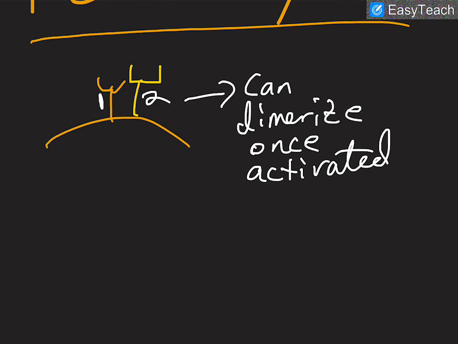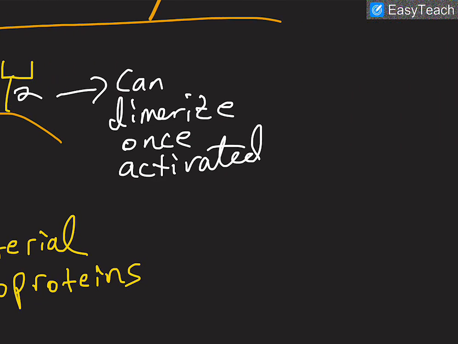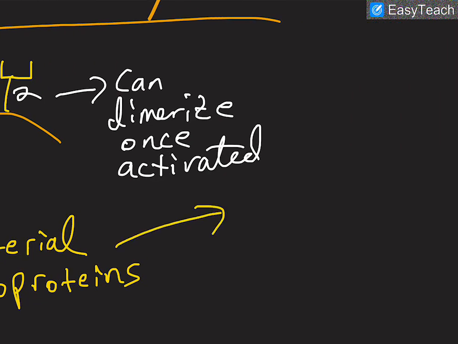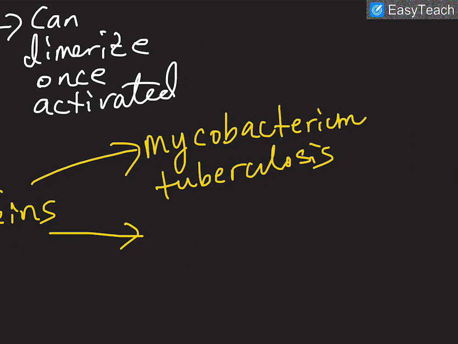What we should know is that toll-like receptors 1 and 2 mainly recognize bacterial lipoproteins. The examples of bacteria we're going to talk about that have these bacterial lipoproteins are Mycobacterium tuberculosis and Borrelia burgdorferi.